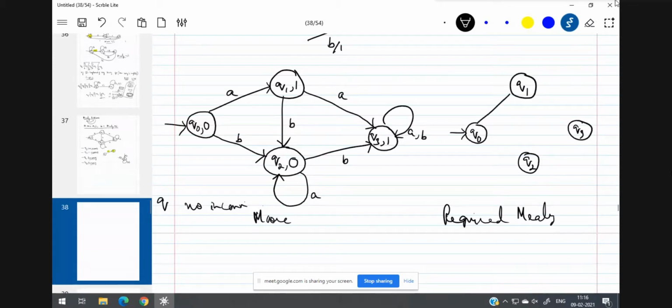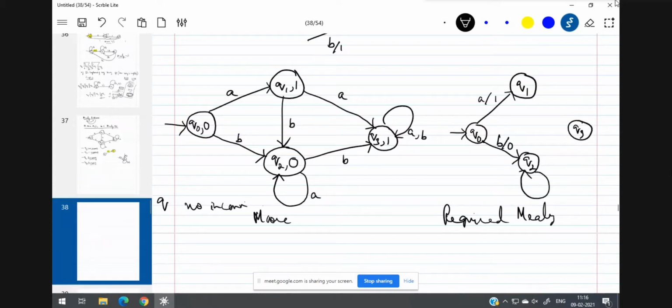Q3. This is A by 1 because 1 is associated with this Q1. Once you understand the concept, by seeing the machine itself, you can easily convert from Moore to Mealy. Now for B, 0 is the associated output for this particular state Q2, hence let me combine 0 here.